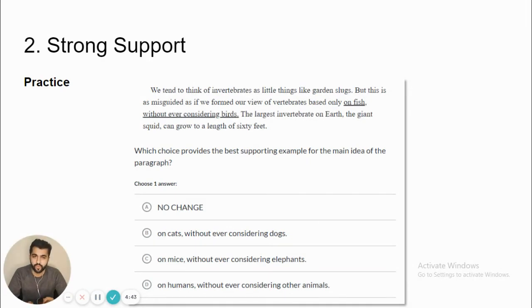So if you're talking about vertebrates, you should also compare small with large. If you look at option C, on mice without ever considering elephants, and you put this in the passage itself, the passage makes a lot more sense. And that's why option C is the correct option.